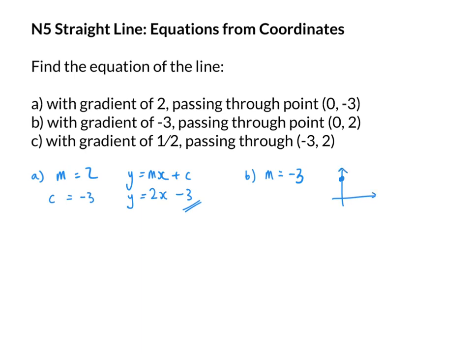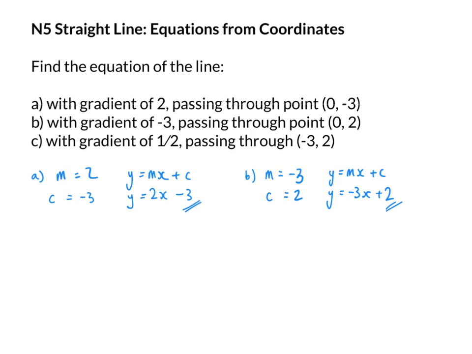So this will allow me to use y equals mx plus c. I know my y-intercept, c, is positive 2. So y equals mx plus c will be y equals negative 3x plus 2.